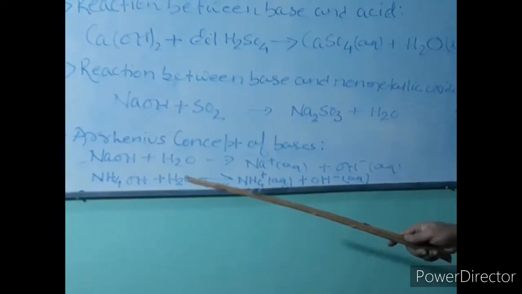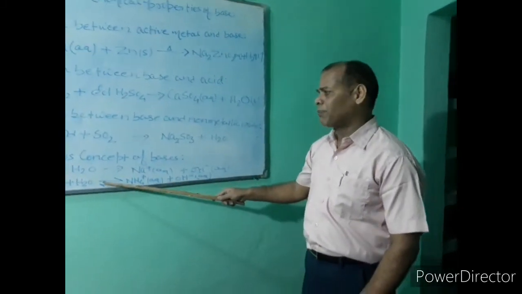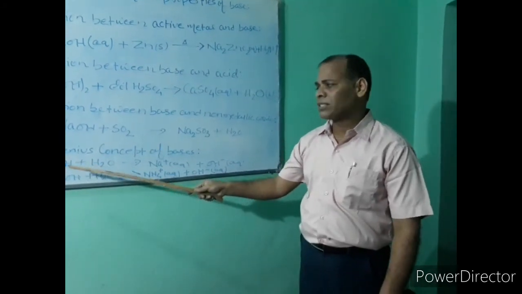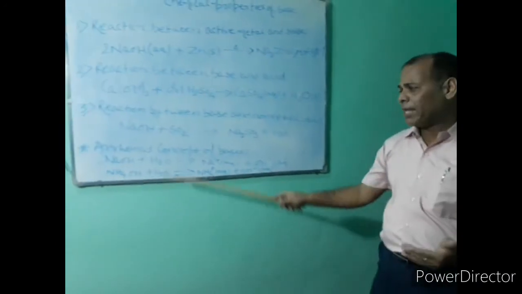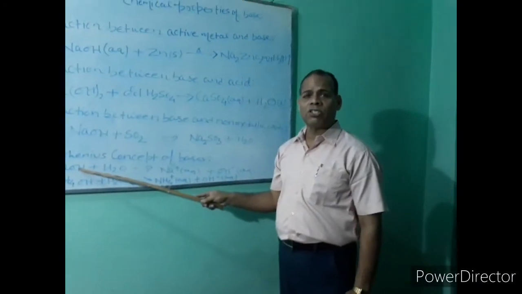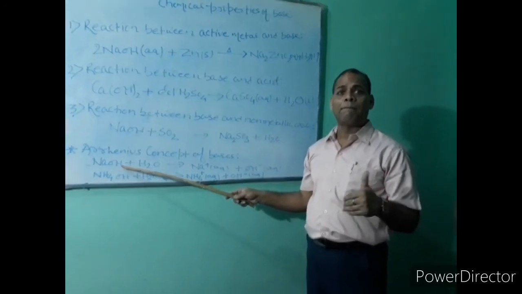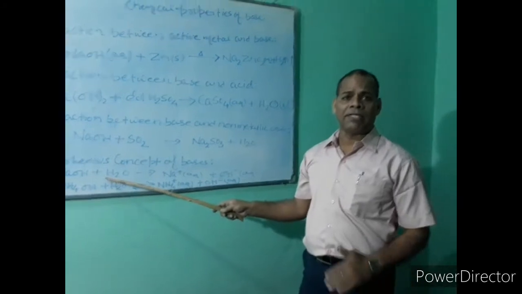So based on these, we can say that there are strong bases and weak bases. What is a strong base? A base which, when dissolved in water, dissociates completely into its constituent ions.